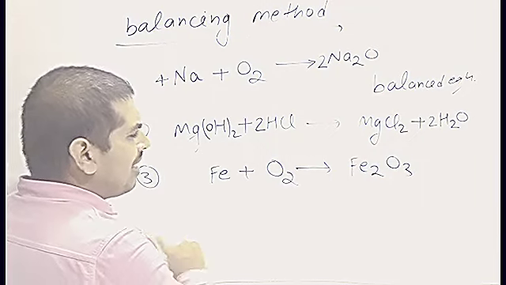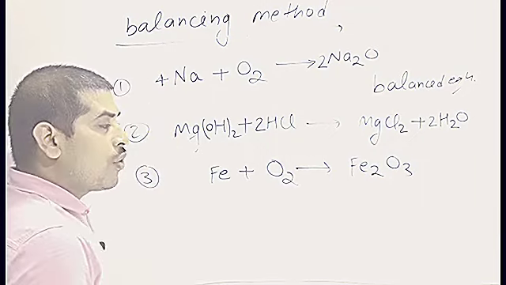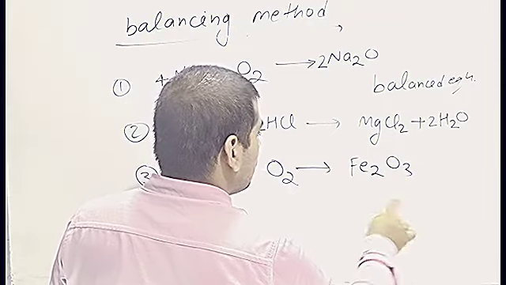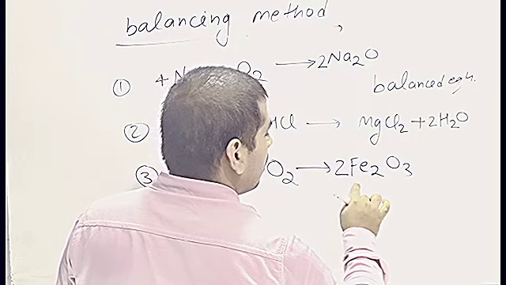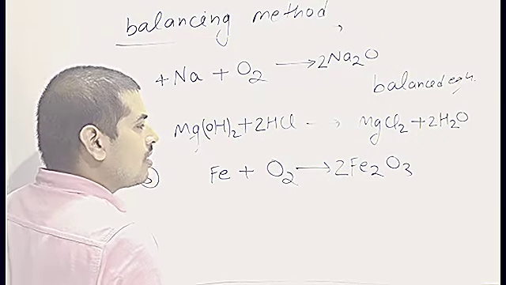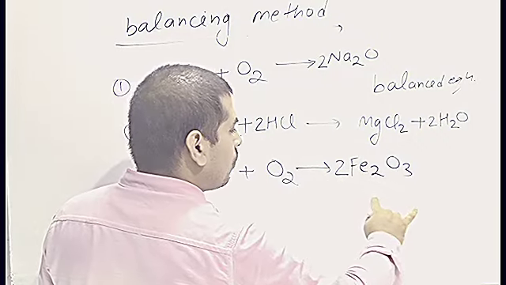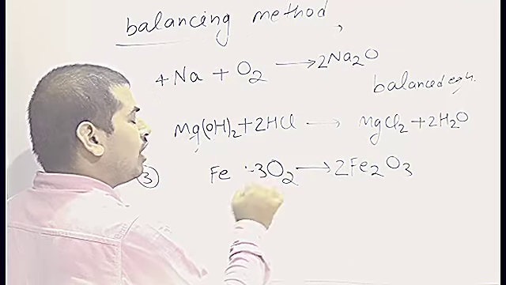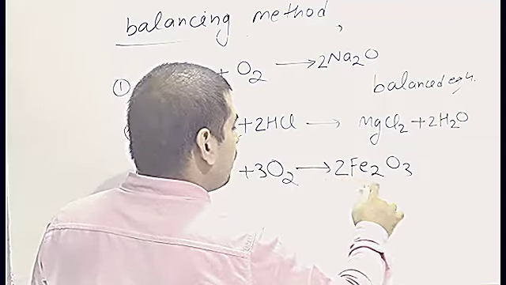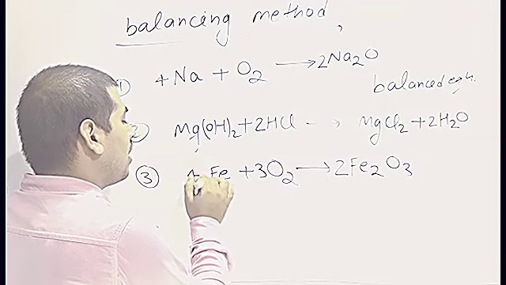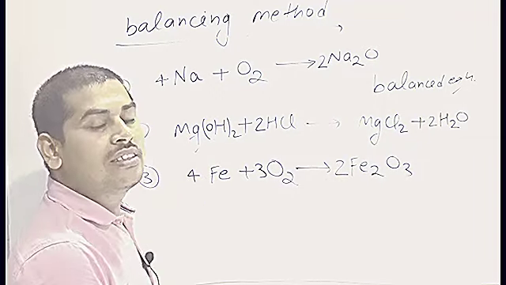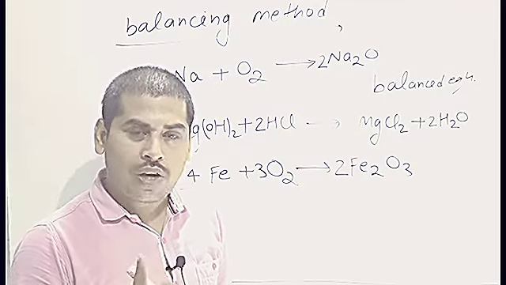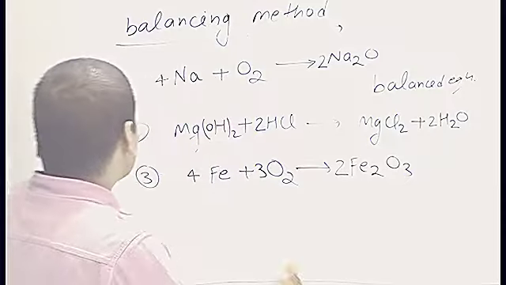So to balance the given equation, we have to multiply it by 2 in RHS. Now the total number of oxygen becomes 6, so multiplying by 3 in O2 and multiplied by 4 in Fe. This is the balanced equation. Okay, next.